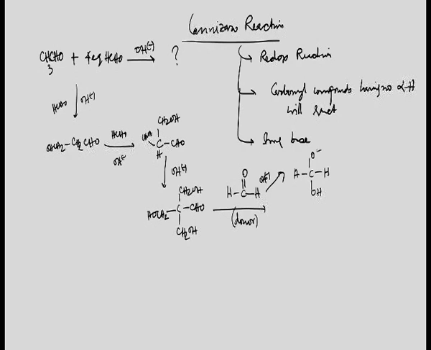So, this hydride. So, you get this product with CH2OH. This CH2OH came from Cannizzaro and the other 3 came from the aldol. So, this is the symmetrical molecule.